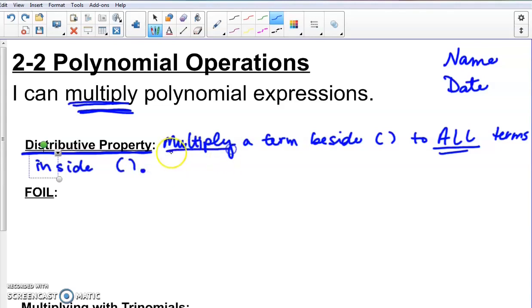Now, because we are multiplying, we have to remember our rules for multiplying monomials. So we're going to multiply the coefficients and add the exponents.